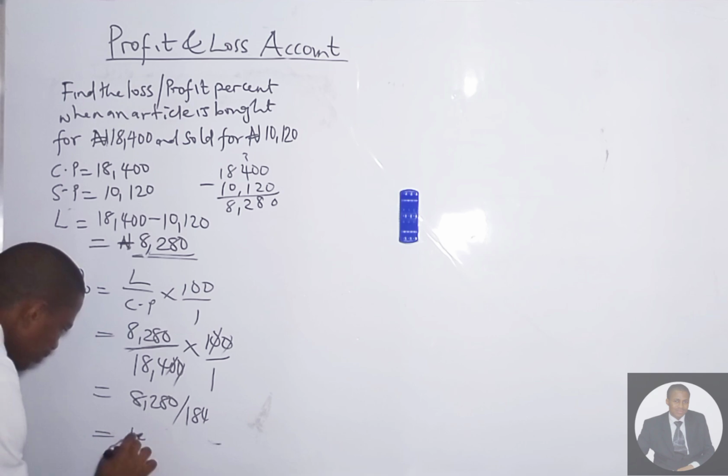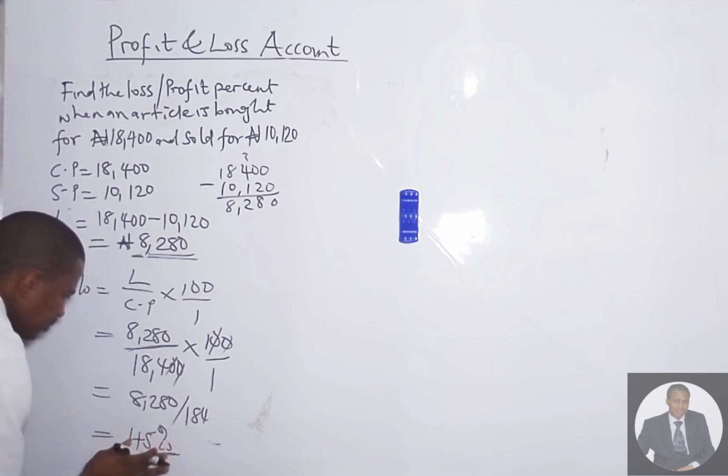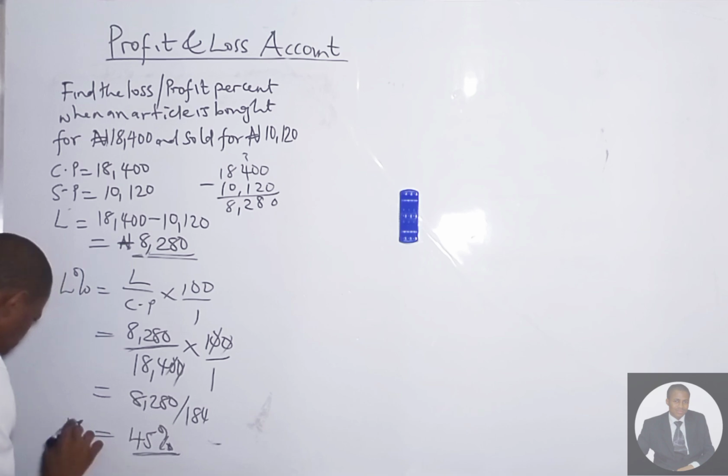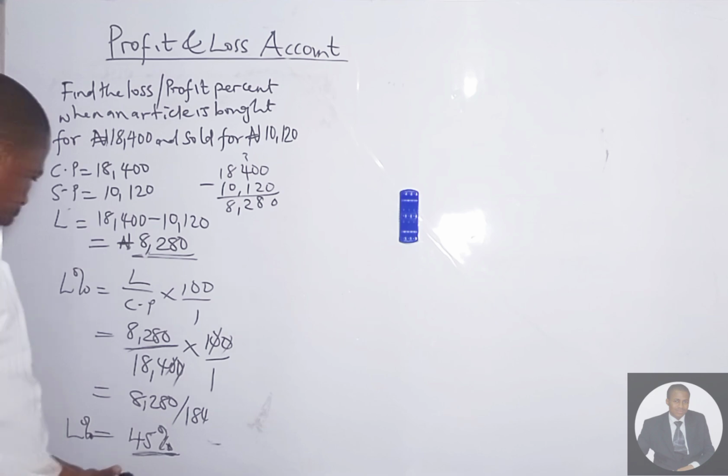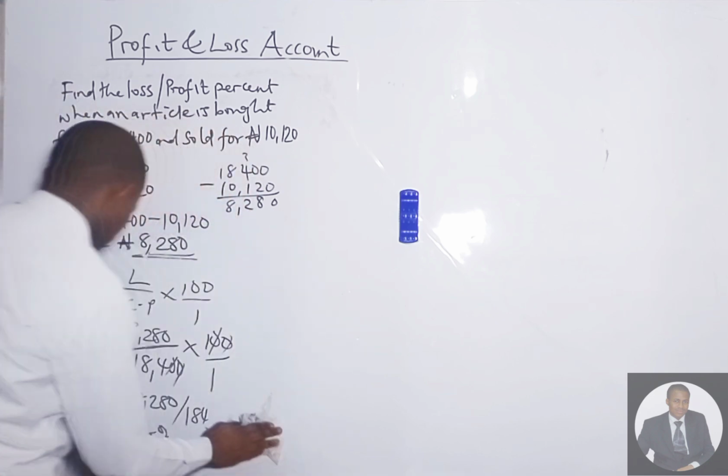And that will give us 45%. So the loss is 45%. So this individual made a loss of 45% after selling a product for 10,120 after buying it for 18,400 naira.